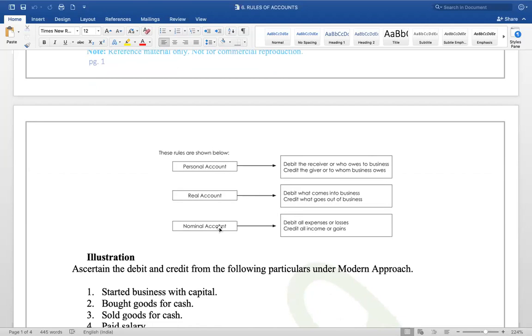I want Mahesh to read. Mahesh, are you there? Please remember, if you are not responding, I have to mark you absent.